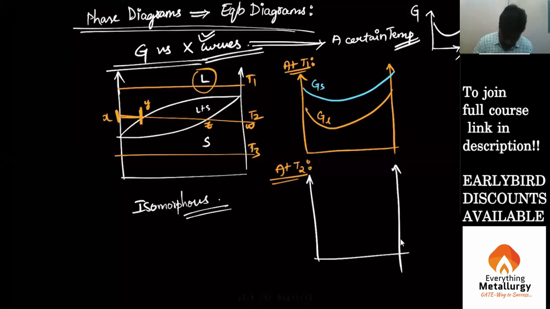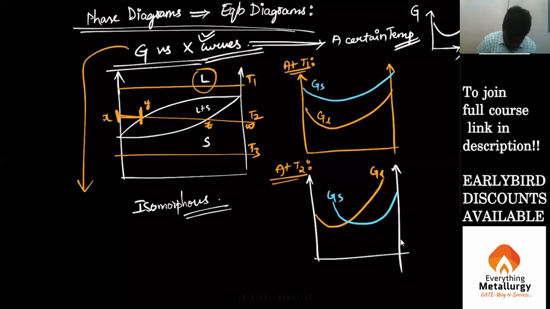As I said, my liquid is stable, so it goes like this. Now from this temperature, this is my GS and this is my GL. If there is some equilibrium and we are talking about an equilibrium, we can easily draw a common tangent.